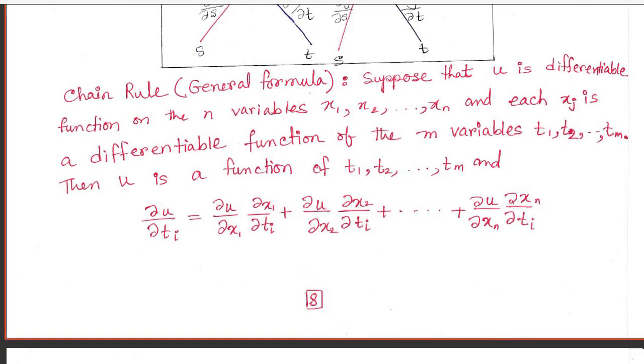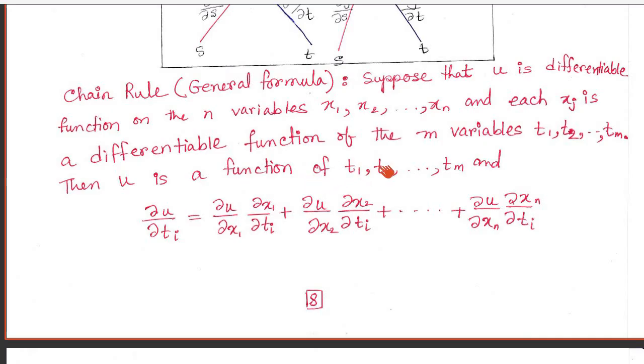General rule for chain rule formula. Suppose that u is a differentiable function of n variables, say x1, x2 up to xn, and each xj is a differentiable function of m variables, say t1, t2 to tm.